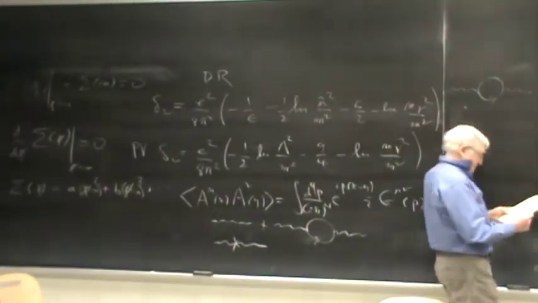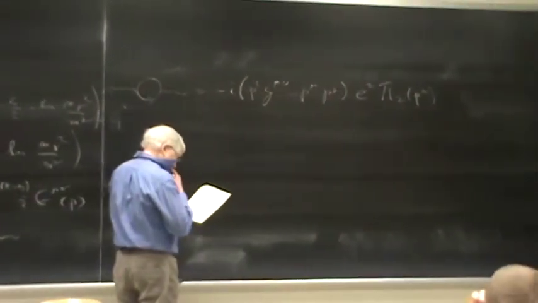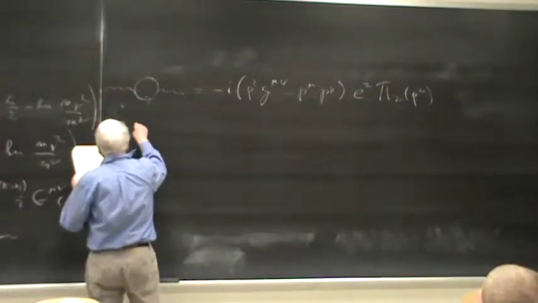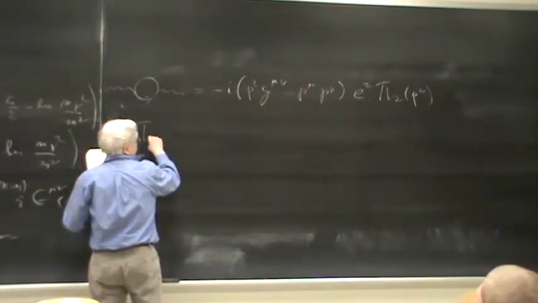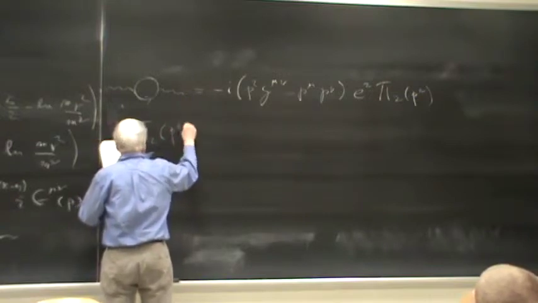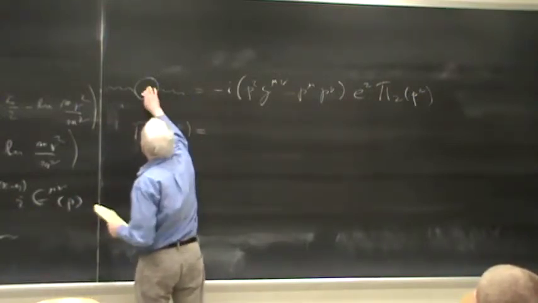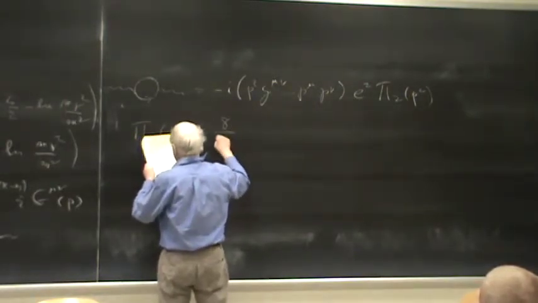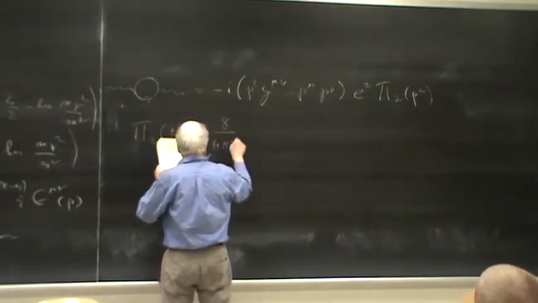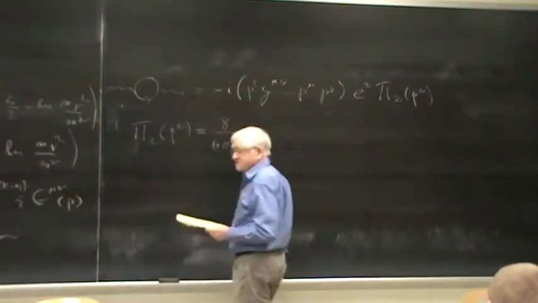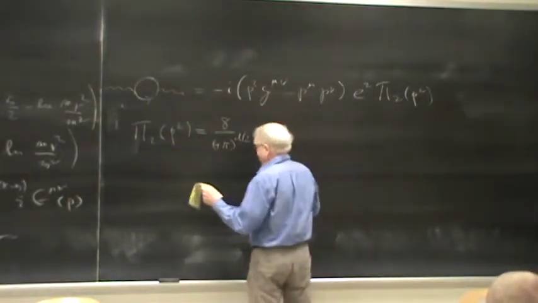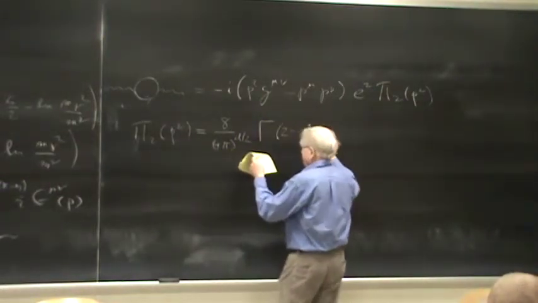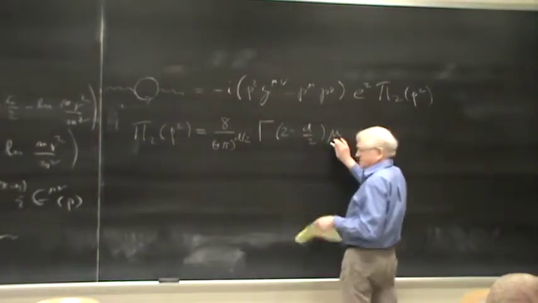What we're going to find is, first of all, in dimensional regularization, that pi 2 of p squared, at least this piece here, is 8 over 4 pi to the d over 2. Remember, d is 3.9 or so. Gamma of 2 minus d over 2. Mu, this is called a subtraction point.